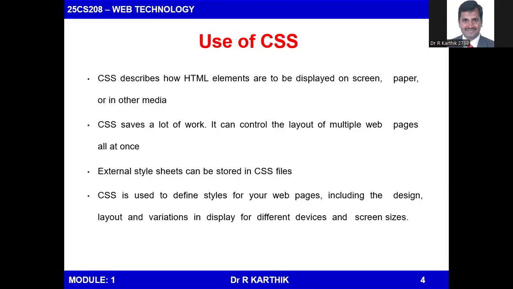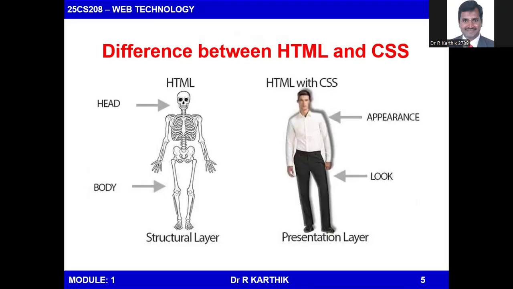And it supports different screen sizes and devices. Let's see some examples. College websites, Amazon product pages, banking portals, online shopping websites, and university management systems are examples of cascading style sheets.